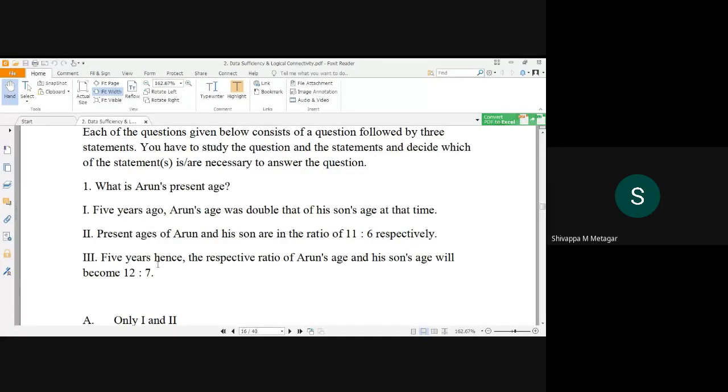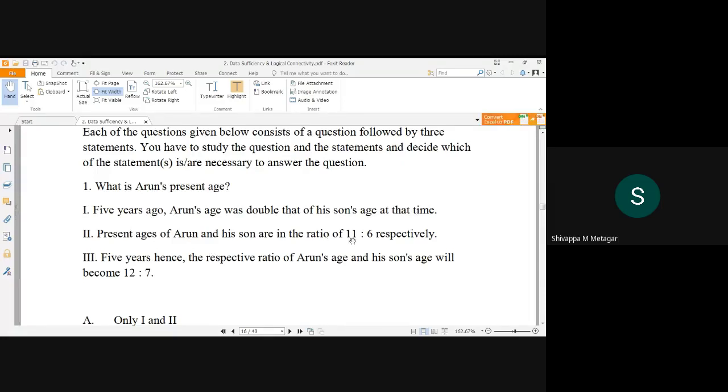Third statement: 5 years hence, the respective ratio of Arun's age and his son's age will become 12:1. Now you can easily find the answer. 5 years ago means minus. Arun's age was double that of his son. If you consider x, it means x minus 5, and 2 into the son's age minus 5.